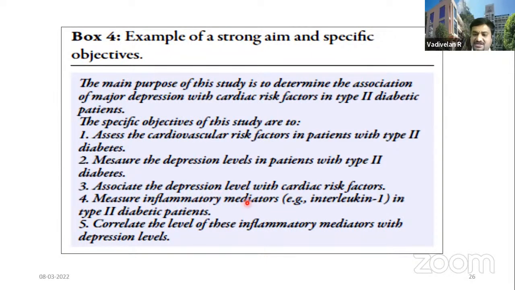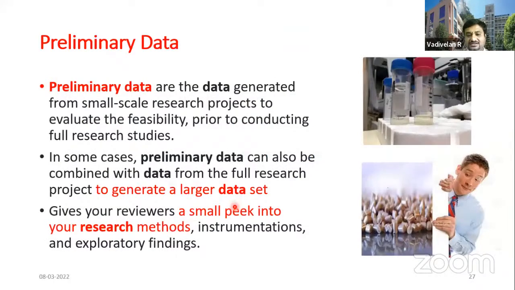Measure the inflammatory mediators, like interleukin 1 to 6, in type 2 diabetes, and how we are going to correlate the level of these inflammatory mediators with depression. So whatever objective we give, it should be strong, relevant, and more specific.